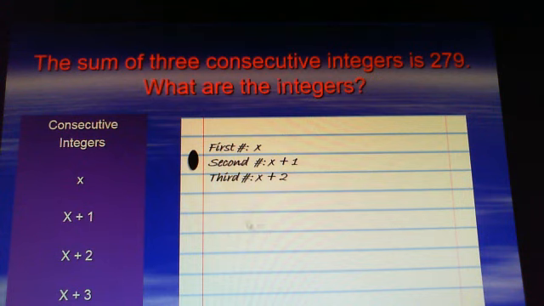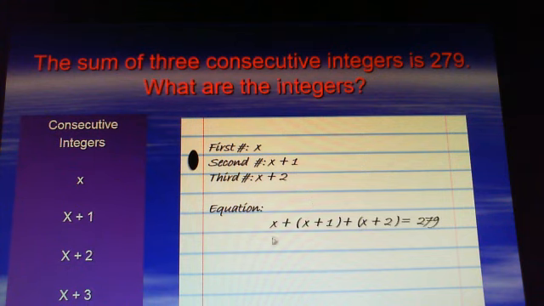So these are the ones that we're talking about, and you need to make sure you label them every single time, because eventually it's really going to be important that you label them carefully. So we have our first number, our second number, and our third number. Now, they say that the sum of these integers is 279. So I should be able to write an equation now, because sum means that we add them up.